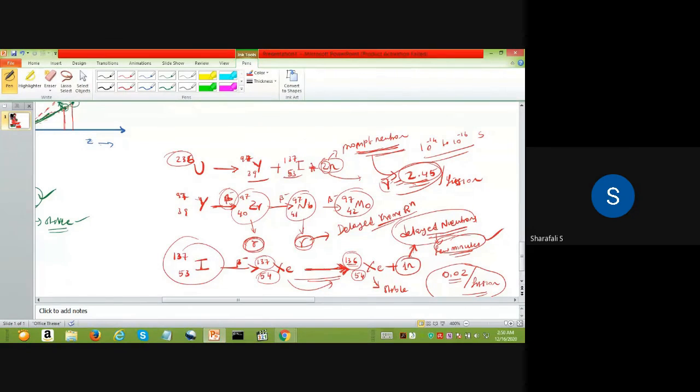This is also accompanied with some gamma radiation, some energy in the form of photons, and these gamma radiations are called prompt gamma radiations. So we have prompt neutrons, delayed neutrons, prompt gamma rays and delayed gamma rays, both. Okay, so these are the basics of uranium fission processes.